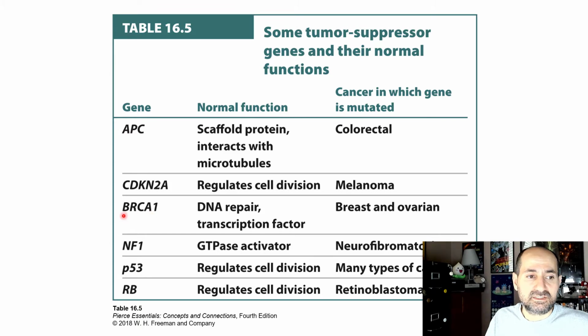This is a tumor suppressor gene that directs DNA repair. It's also a transcription factor. And when you damage both of the BRCA1 genes, that leads to breast and ovarian cancer. That's why they screen for BRCA1 in people who are at risk for breast cancer.